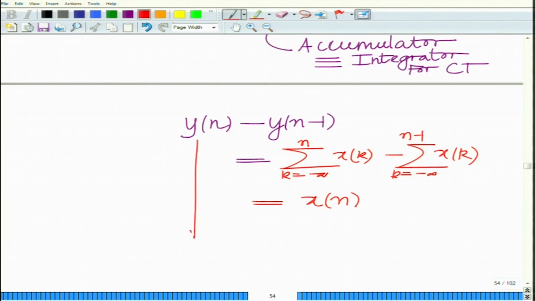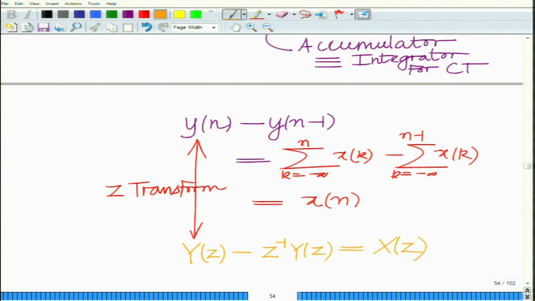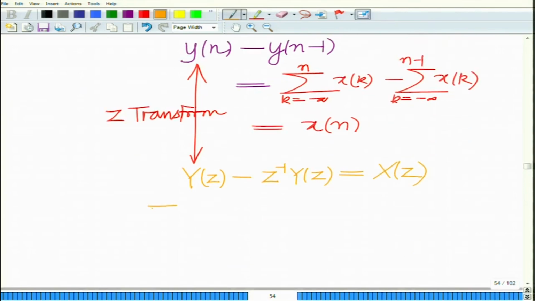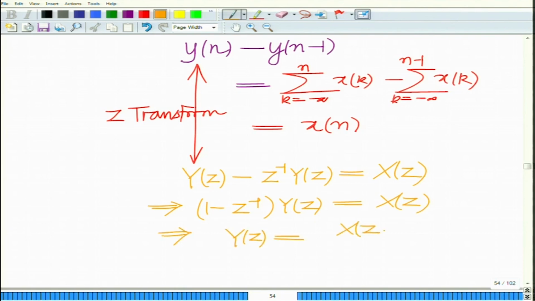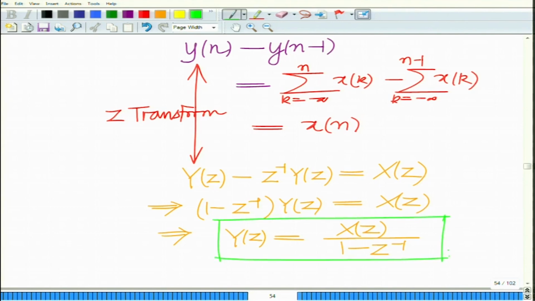Now taking the Z transform, what you observe is that Y(z) minus the Z transform of y[n minus 1], which is z inverse Y(z), is equal to X(z). This implies 1 minus z inverse times Y(z) equals X(z), which implies Y(z) equals X(z) divided by 1 minus z inverse.